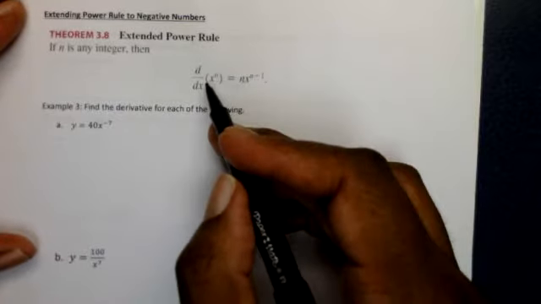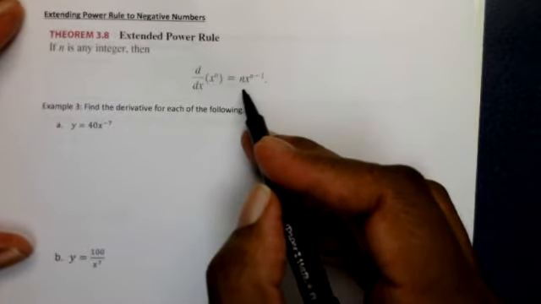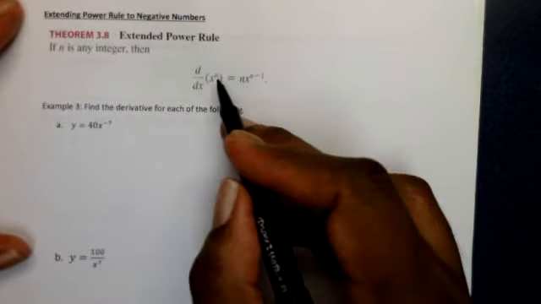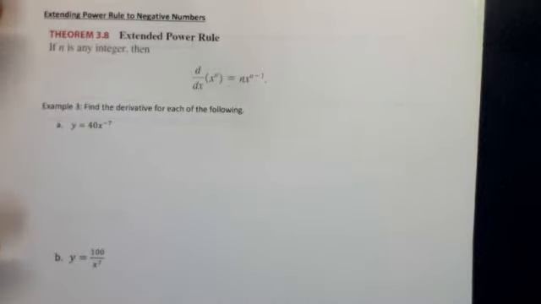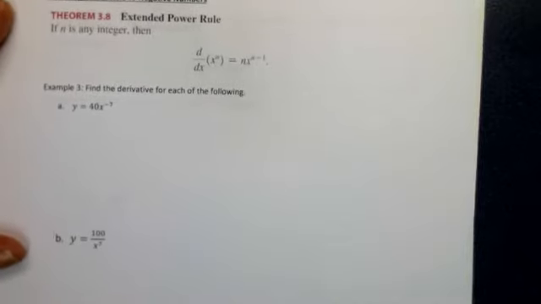We just bring the exponent down in front of the x, copy the x over, and it will be to the 1 less power. So n times x to the n minus 1. That will hold true for positive integers. It also will hold true for negative integers as well, like in example 3.